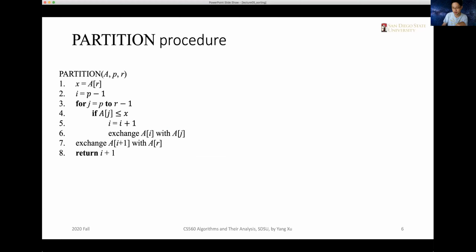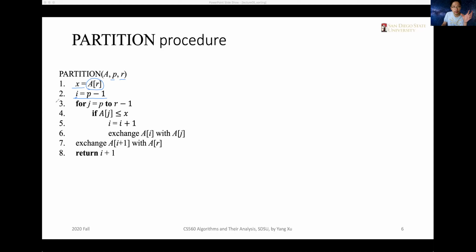The first line of code is to take the last element. We take the last element at index R and name it X. So this X is the pivot element we're gonna use in all the partition steps. And then we initialize I to be P minus 1, which is 1 to the left of the starting index P. So right now it is pointing to a place outside the input array, because the input array starts from P and goes to R. So the initial position of I is P minus 1, 1 to the left of the input array.